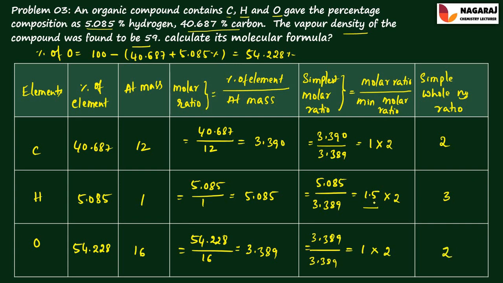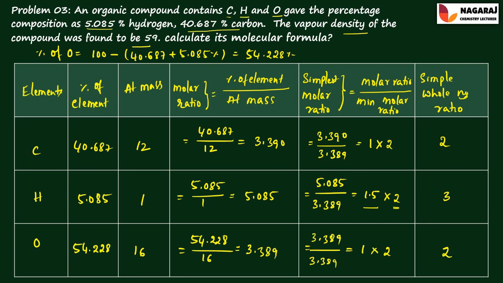If the digit involved is less than 5, then neglect the terms. If it is equal to 5, then it is to be converted into simple whole numbers by using a suitable integer.